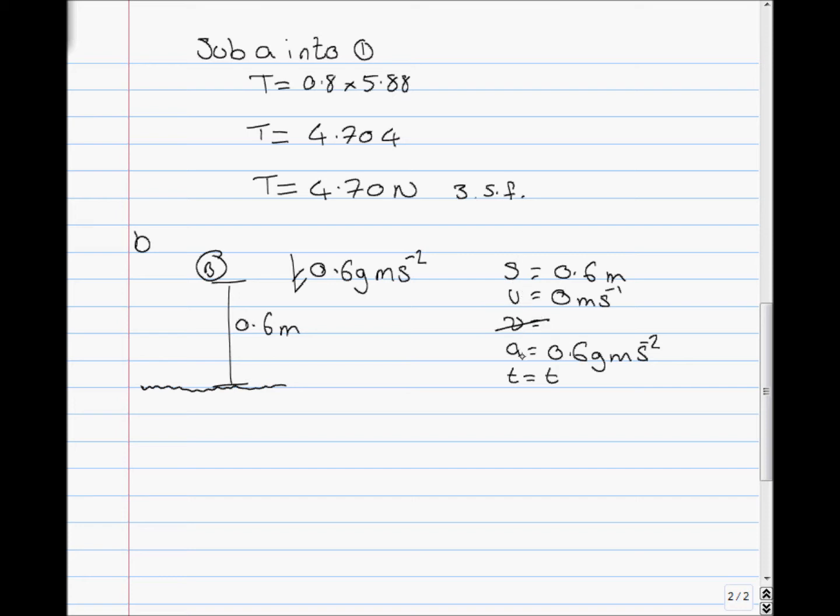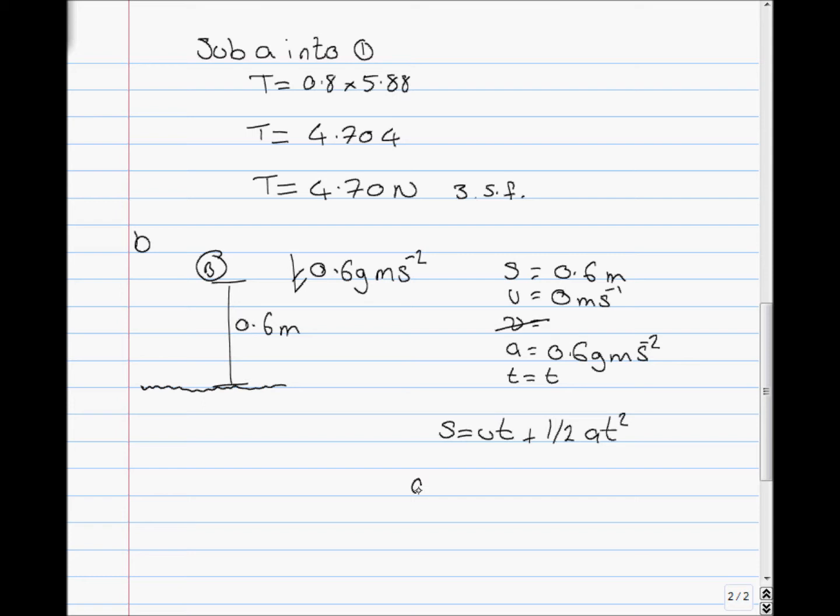S, U, A and T, so an equation which involves all of those would be S equals UT plus a half AT squared.